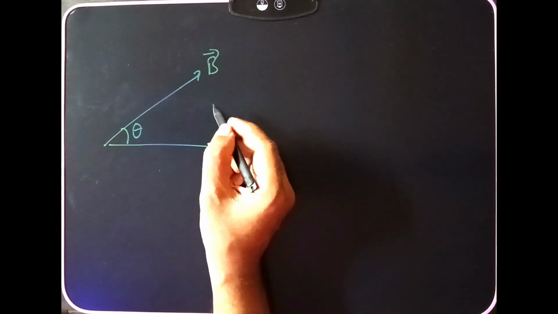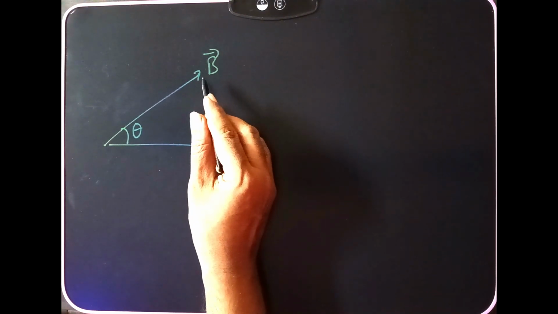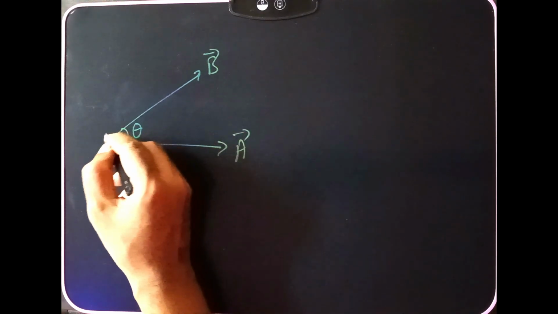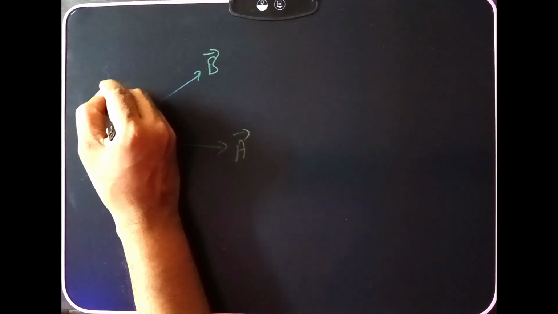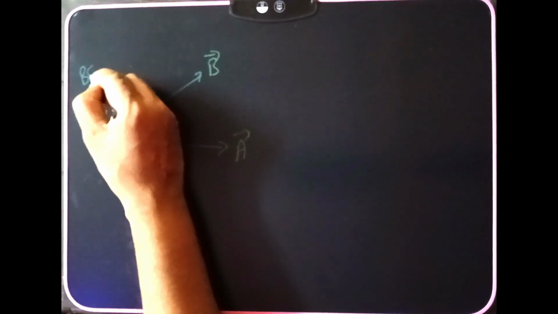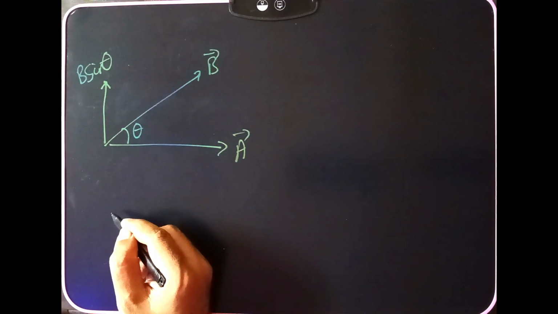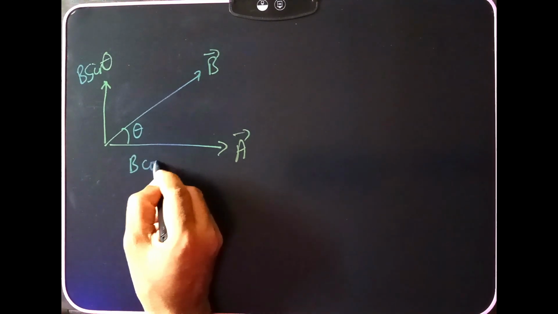Now if I have to resolve the component of B into parallel and perpendicular to A, then what will I get? Perpendicular to A will be this vector. This will be B sin theta, and this will be B cos theta.